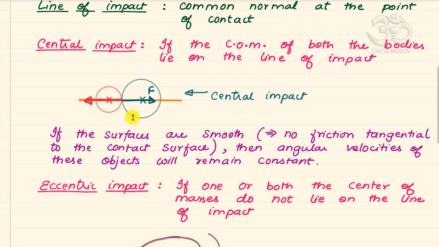Let's have a look at this impact itself, the central impact. Now when we have a central impact, there can be a case where the velocities of these objects are directed along the line of impact.